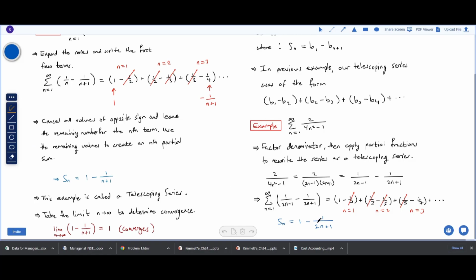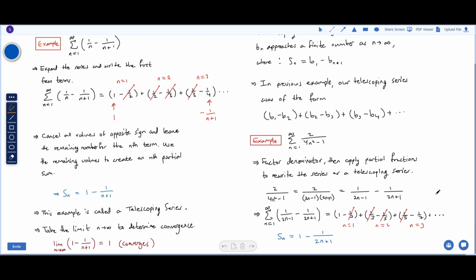Now that we have the nth partial sum, we can take the limit as n goes to infinity and see if that converges or diverges. So let's do that. We take the limit as n goes to infinity of 1 minus 1 over 2n plus 1.